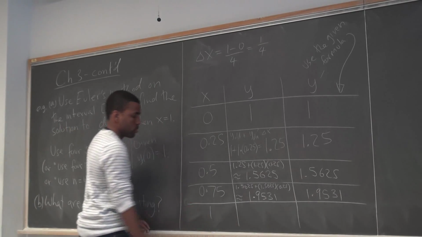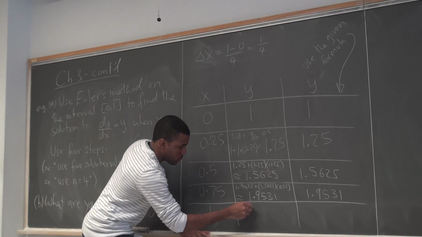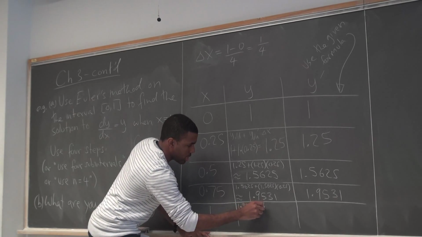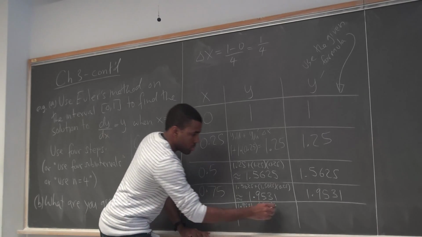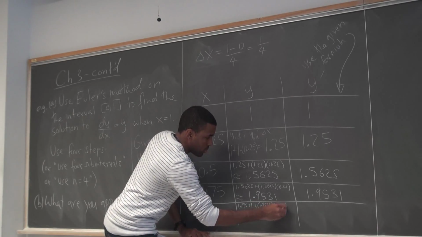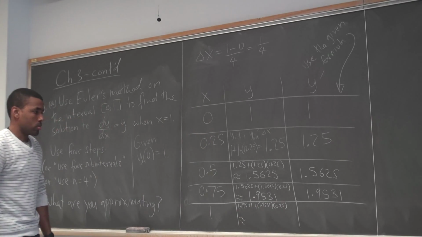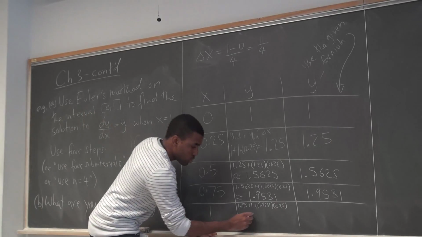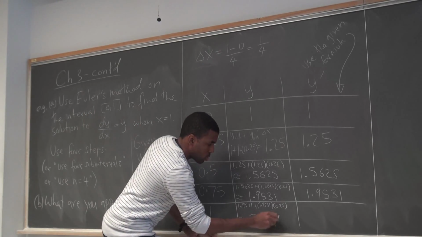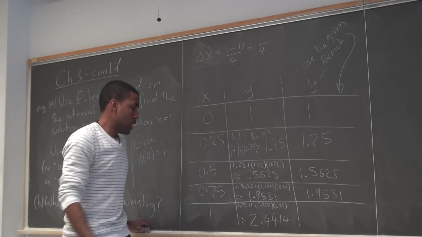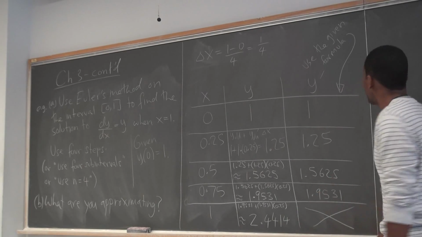And what about here? Well, we have 1.9531 plus 1.9531 times 0.25, which is 2.4414. And here we don't need a y prime, because this is the guy we were after.